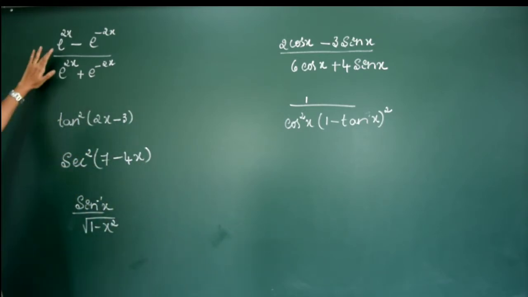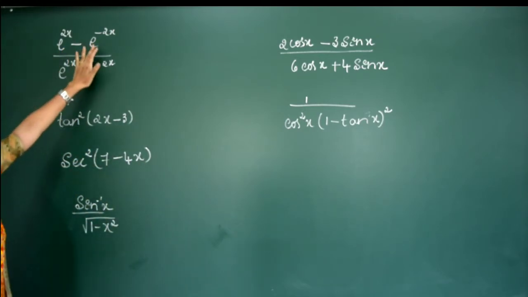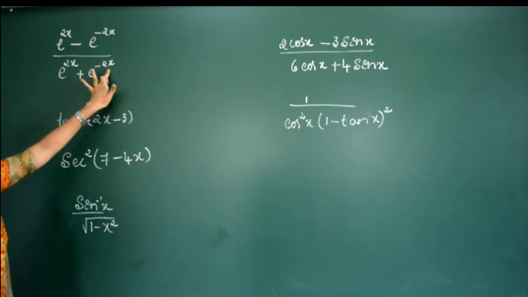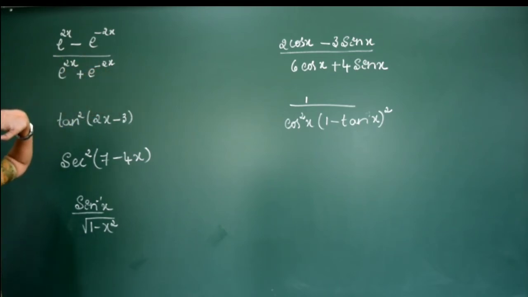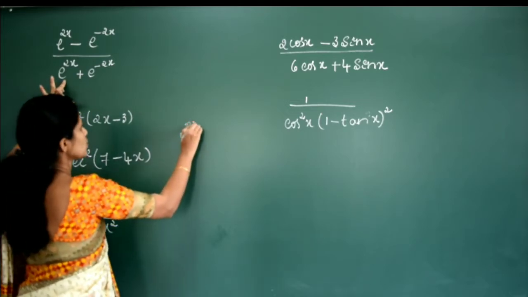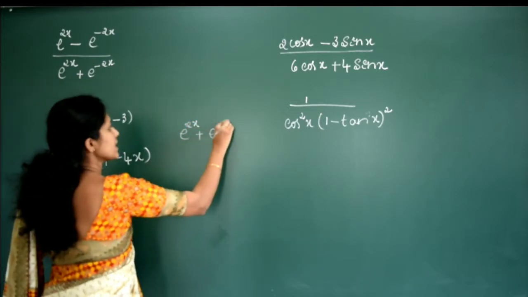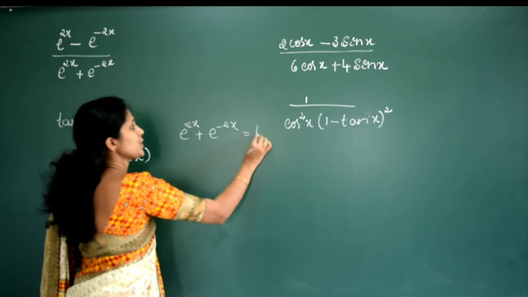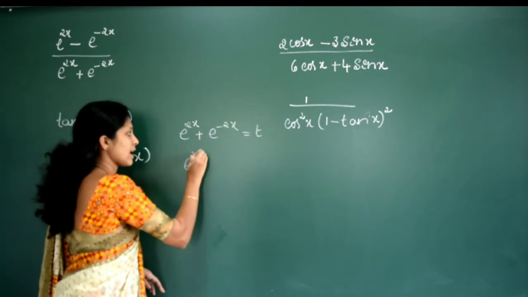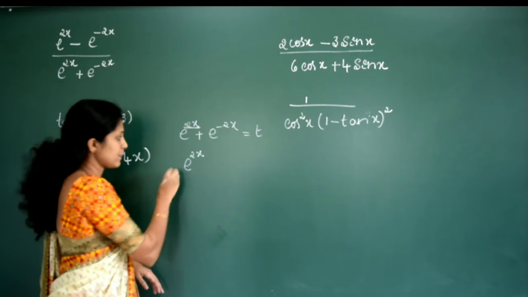Okay. See here, e to the power 2x minus e to the power minus 2x divided by e to the power 2x plus e to the power minus 2x. Here can we give the direct substitution? See, if we give the direct substitution here, let me consider e to the power 2x plus e to the power minus 2x is equal to t, right? Differentiate. So this will be e to the power 2x, and after the differentiation this will be multiplied by 2.